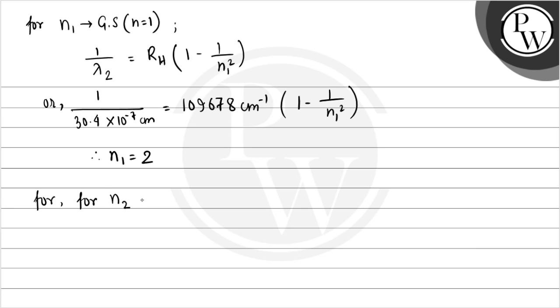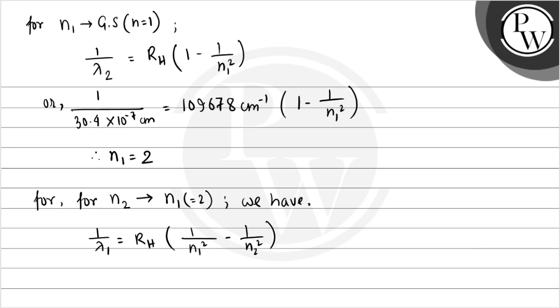Now for n2 to n1, and that is equal to 2, we have 1 by lambda 1 is equal to RH into 1 by n1 square minus 1 by n2 square, or that will be 1 by lambda 1 is 108.5 into 10 to the power -7 centimeter.